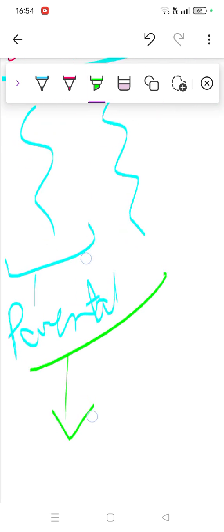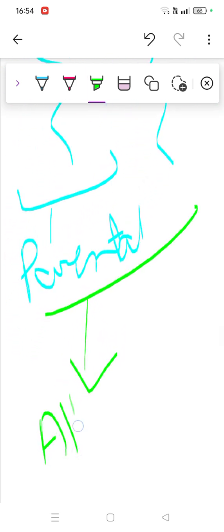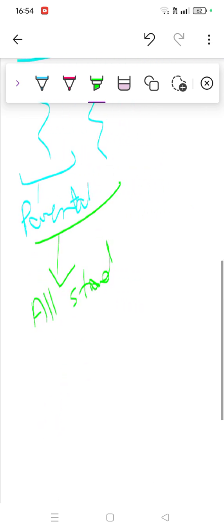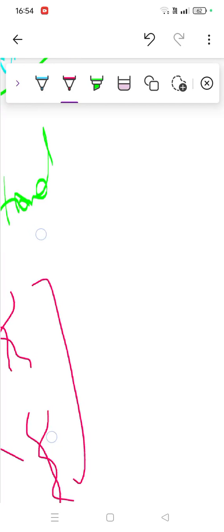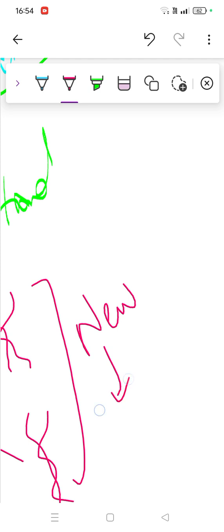In this one, both strands are from the parental. If this is the parental one, it will get divided into two other forms, like this one. So in this one both are going to be formed new. This means both daughter DNA are going to be new. Conservative, both new.